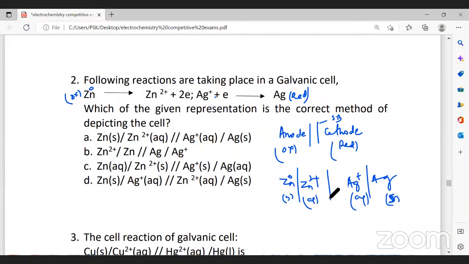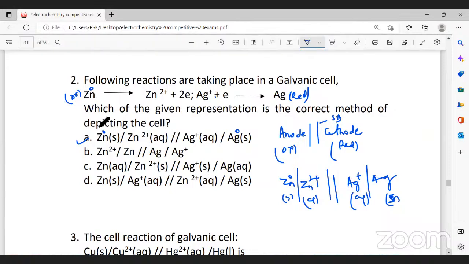Now, these two electrodes are separated by a salt bridge. Therefore, the answer for this question is option A. Zinc undergoes oxidation from Zn0 to Zn2+. Silver from Ag+ to Ag0 reduction. Did you follow this, students? Yes, sir.